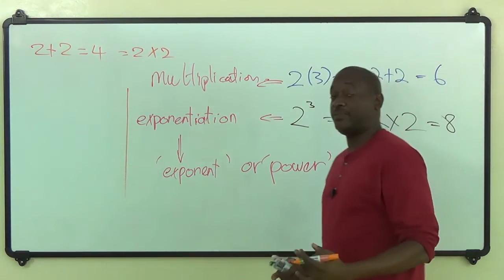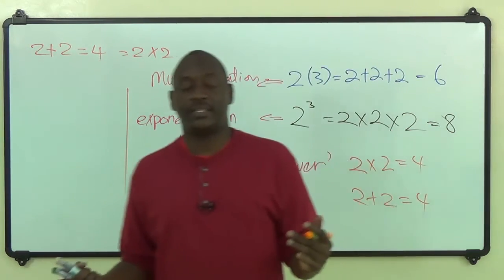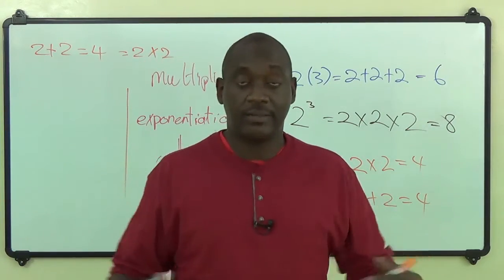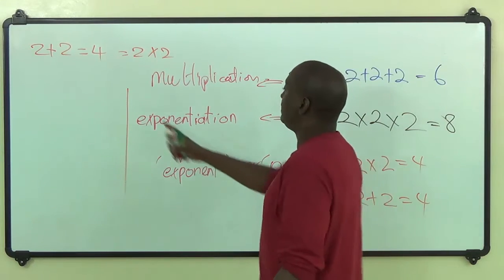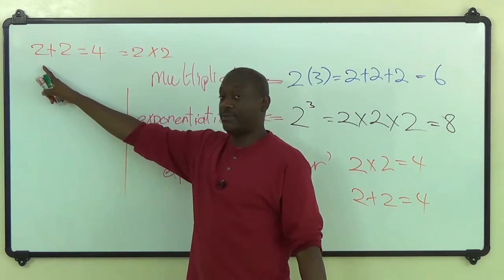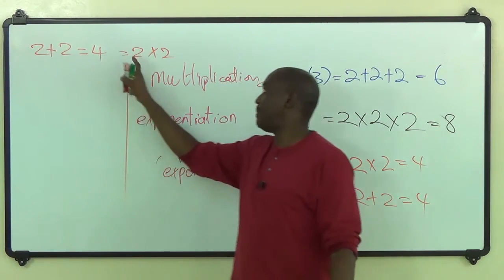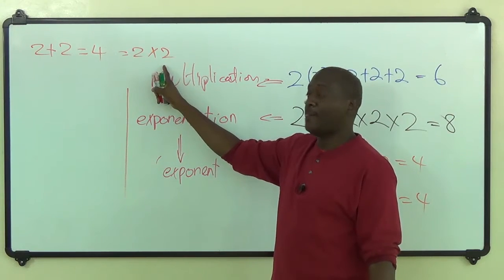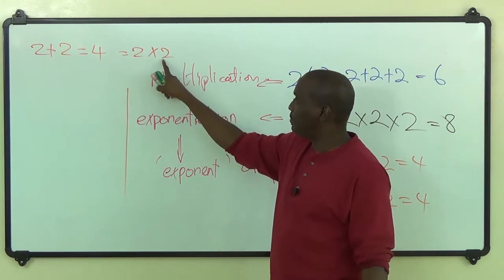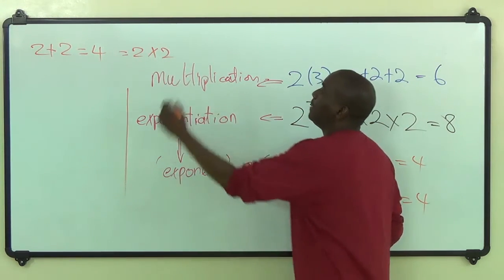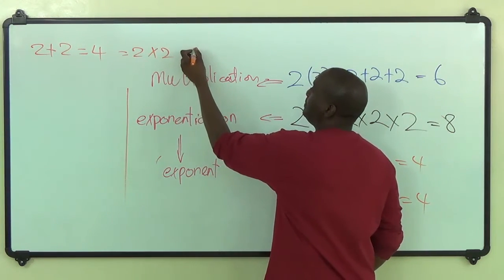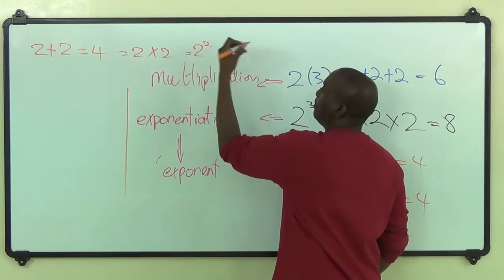Right? 4 plus 4 is 8. 4 multiplied by 2 is 8. 5 plus 5 is 10. 5 multiplied by 2 is 10. So in other words, if you add 2 to itself, what you are in effect doing is multiplying by 2. And because you multiply 2 by itself, we have the 2 twice here. The power will be 2 to the power of 2.